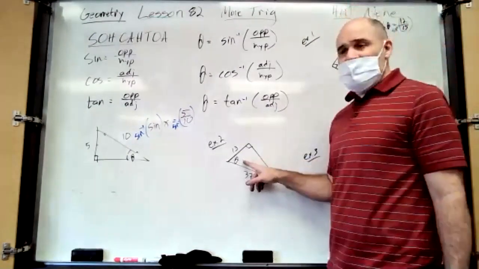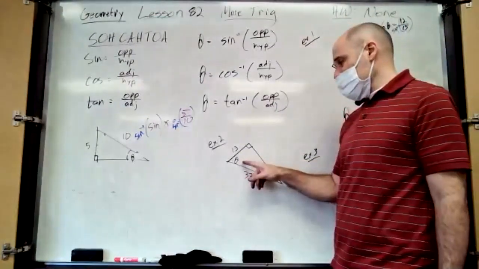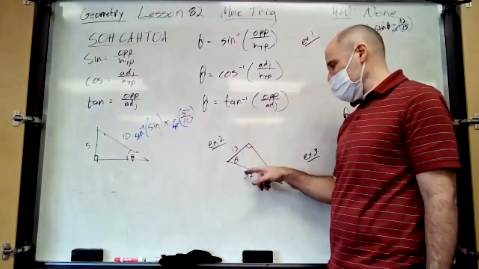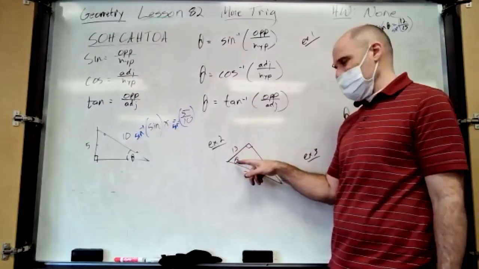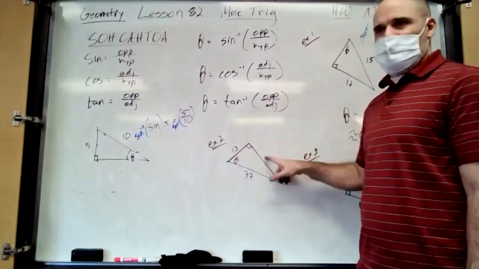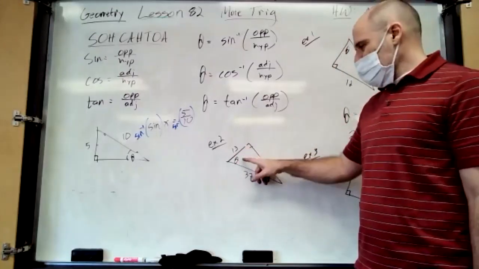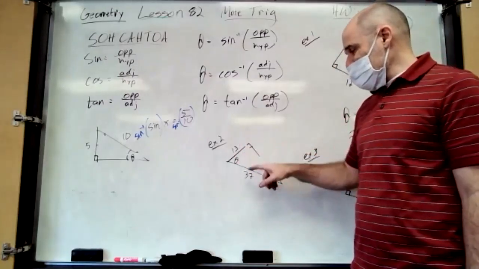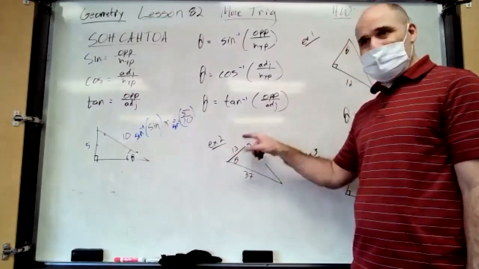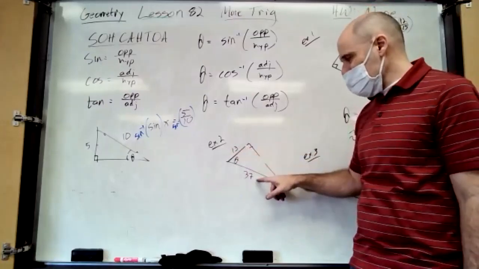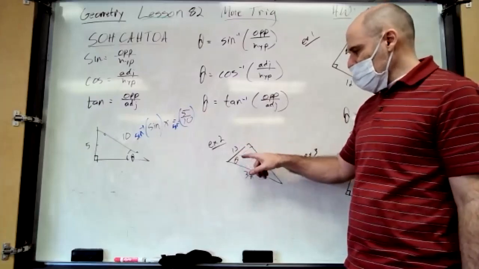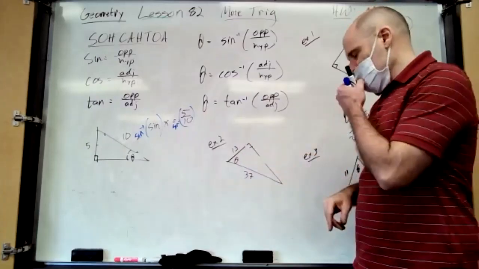So in this theta, do you see that this side, what is this side, and what is this side in respect to theta? Well, this is the opposite of theta, right? There's two sides that are part of that theta angle, but this one's the hypotenuse, so the 13 has got to be the adjacent.